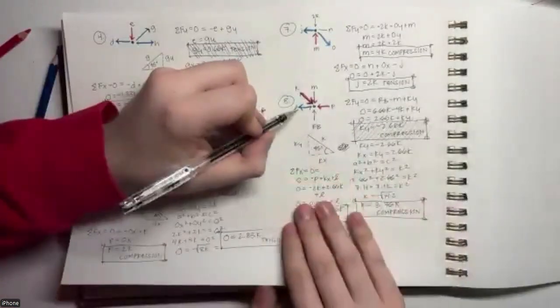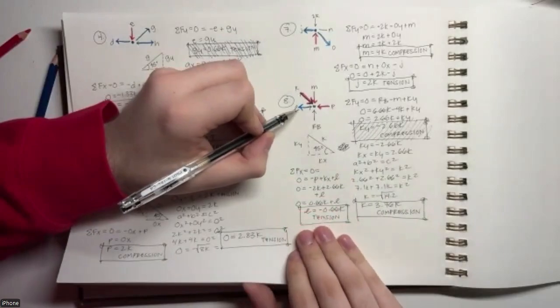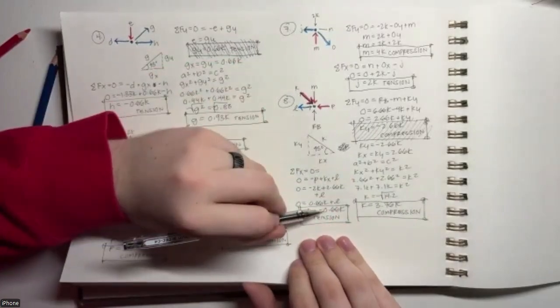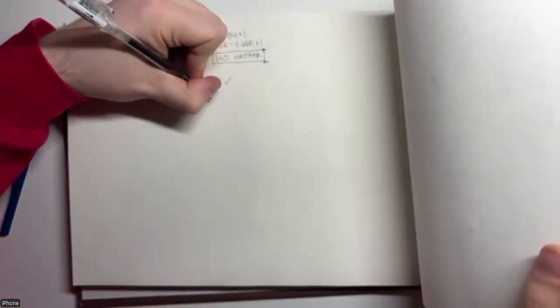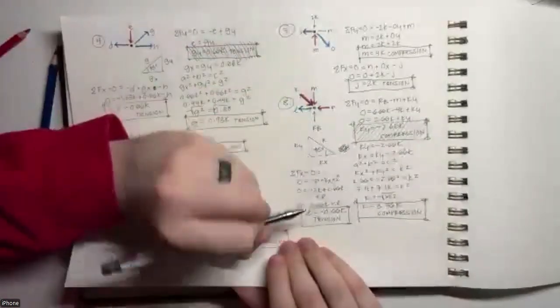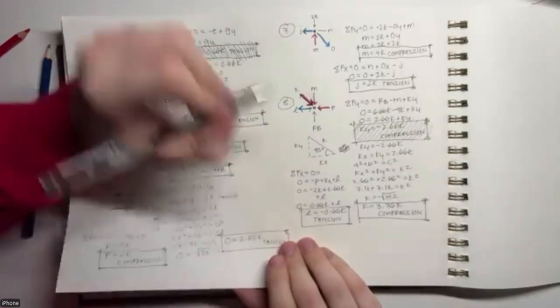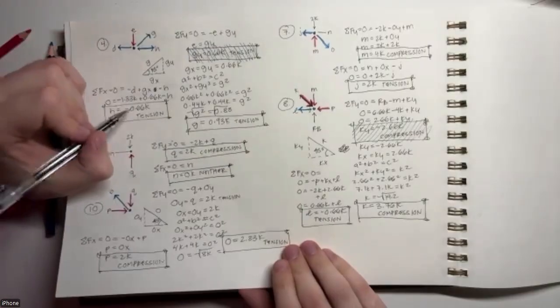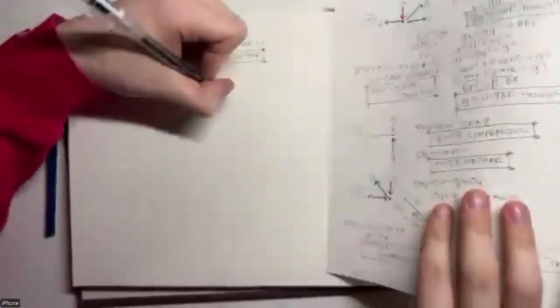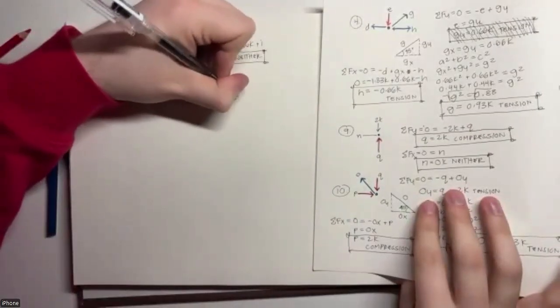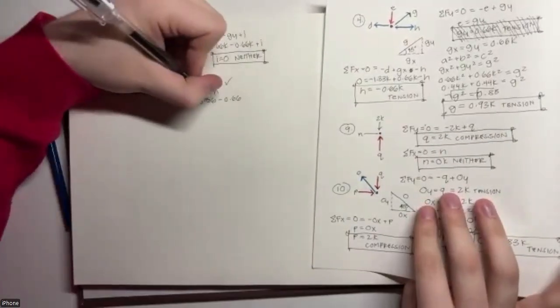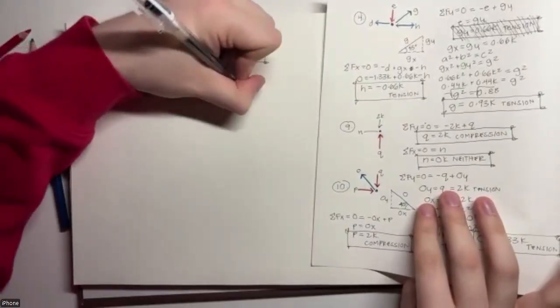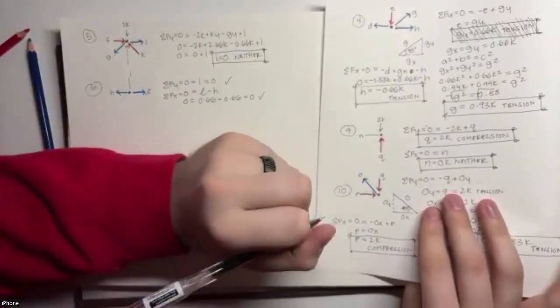And I know that L is 0.66K, and I know that H is 0.66K. So 0.66 minus 0.66 is equal to 0. So we're good. Checks out.